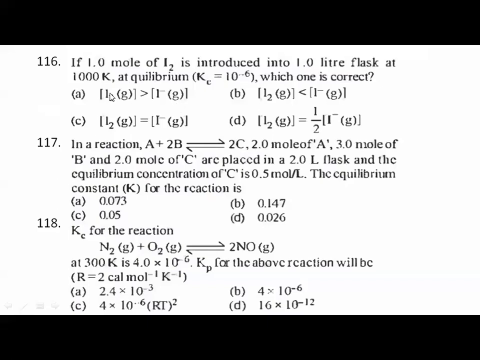So next question. If 1 mole of I2 is introduced into 1 liter flask at 1000 Kelvin, at equilibrium Kc given is 10 raised to minus 6, which is correct? Okay, let us see here. So what they have done, I2 is in equilibrium with 2I minus ions, correct? So here they have said 1 mole is introduced. So if x is the degree of dissociation, how much will be remaining at equilibrium? It will be 1 minus x, and this will be what? 2x, correct?